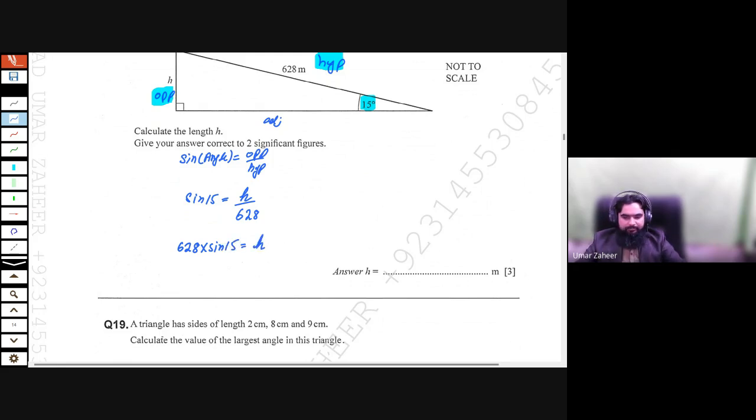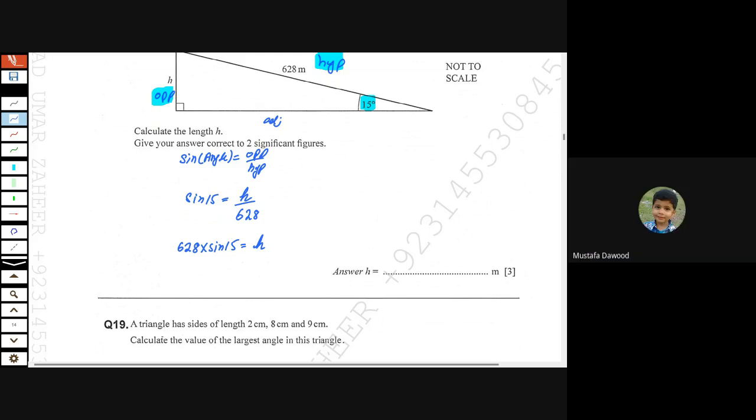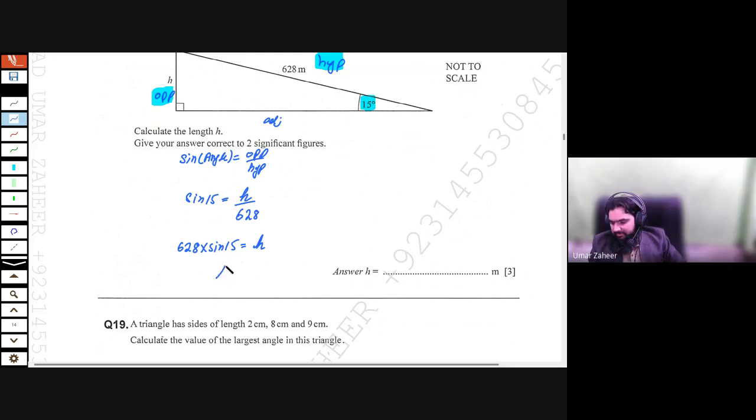Yes, multiply them. So 163. Height will be equal to 163 meters.